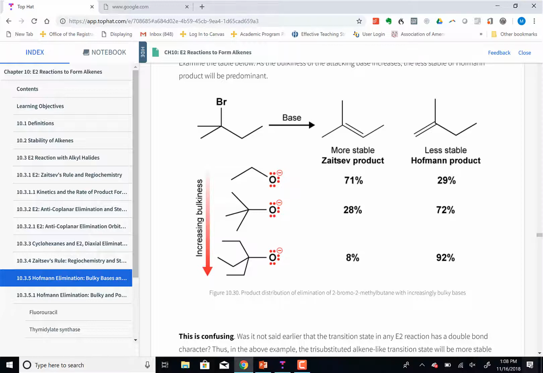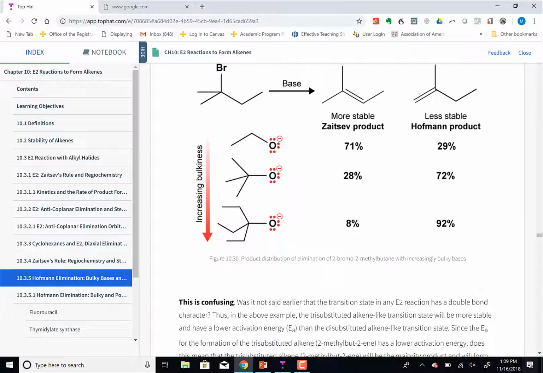And then if you use a super bulky base, which this is tertiary butoxide, this is 3 ethyl groups, that one's going to be even more sterically hindered, so it's going to be drawn more to removing these hydrogens because they're less sterically hindered. So the bulkier the base, the more it's going to have to remove the less sterically hindered. In our world, we have major products and minor products. So this would give the same major product, regardless of how bulky it is.